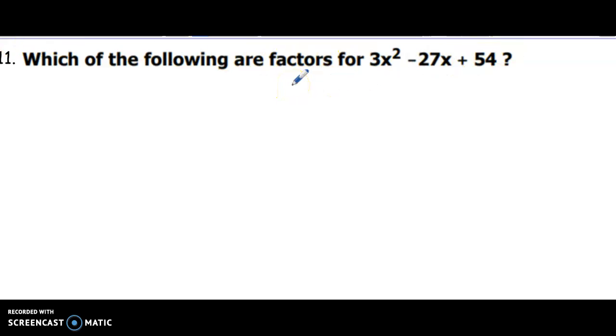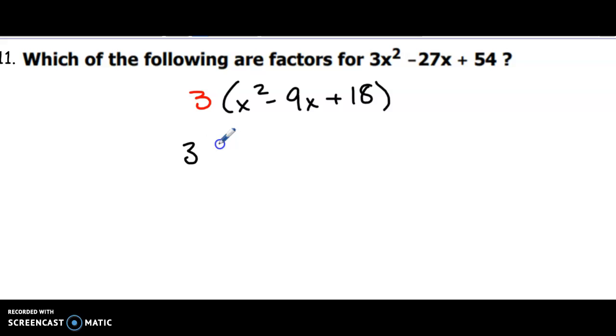Factors of 3x squared, 27. First look and see, is there a GCF you can take out of it? Well, yes. So we can take a 3 out of everything. And we have left x squared minus 9x plus 18.